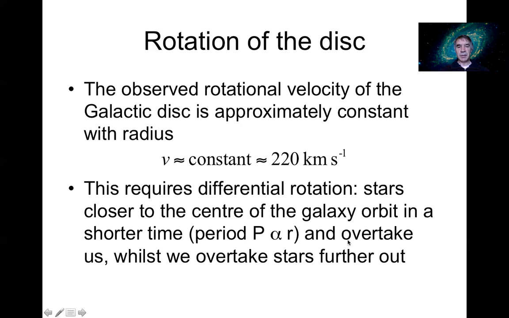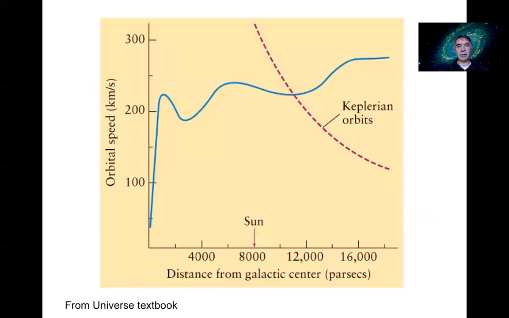So what that means is that stars closer in than the sun have a shorter period, so they basically overtake us on the inside, if you like. And the sun has a shorter period than stars further out than the sun, and so we overtake the ones that are further out. So let's have a look at that, a couple of diagrams.